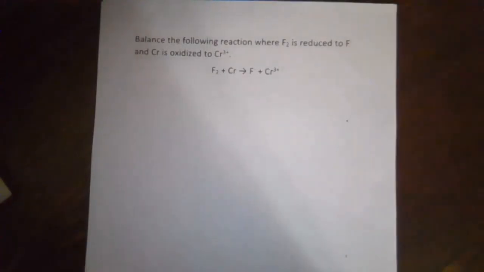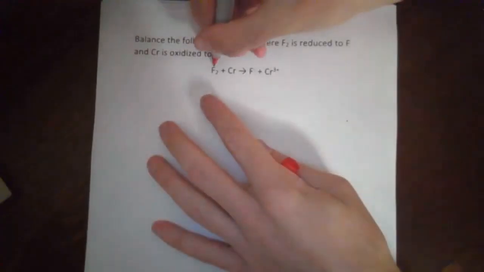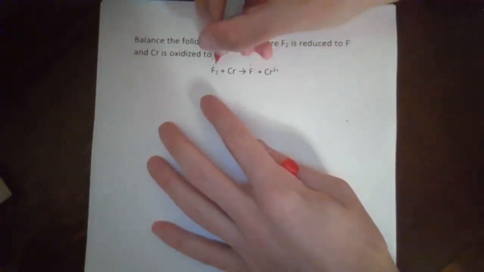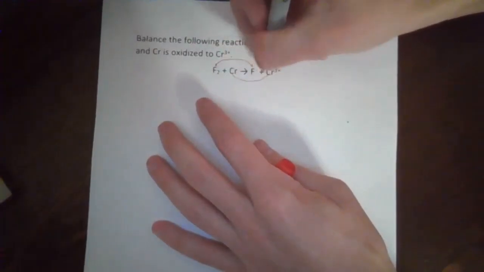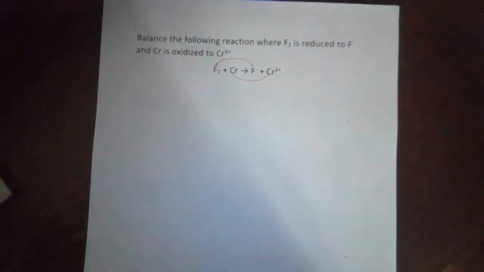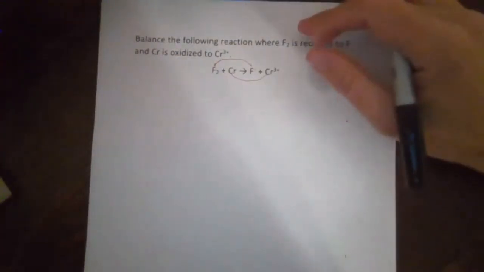So when we're working through this process, the first step is always going to be to identify the half reactions, which is basically pairing up what reactant goes with what product. The fluorine is going to turn into fluoride, and the chromium is going to turn into chromium. You're looking for the individual types of atoms, the elements, and how they're changing over the course of the reaction.